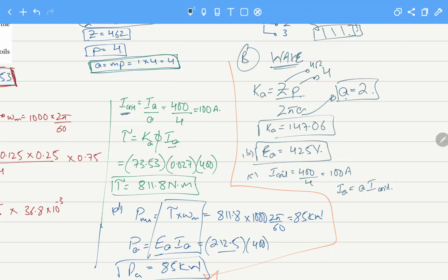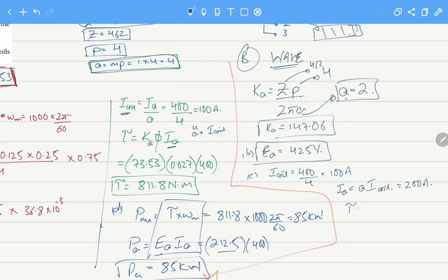Previously, this armature current was A times I coil, that was 4 times I coil. In this case, the value of A is fixed at 2, so this is 200 amperes.